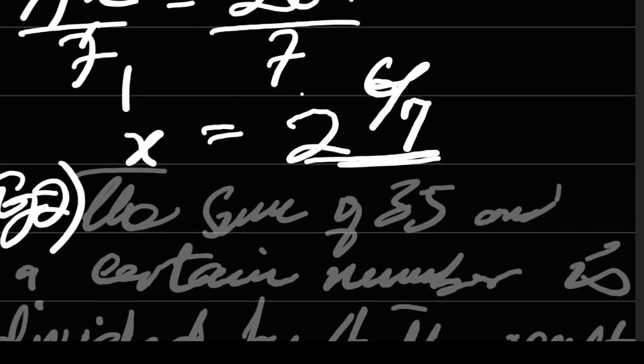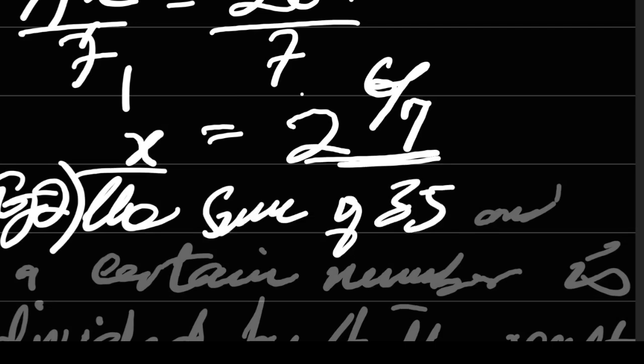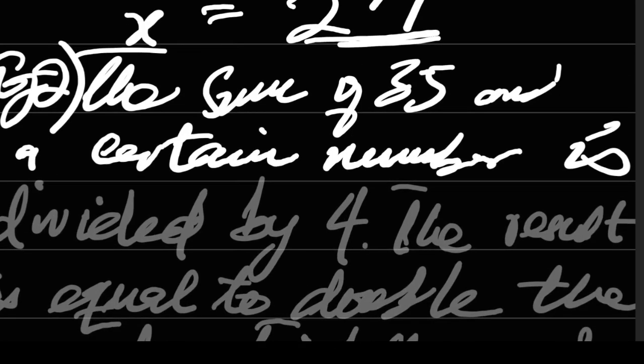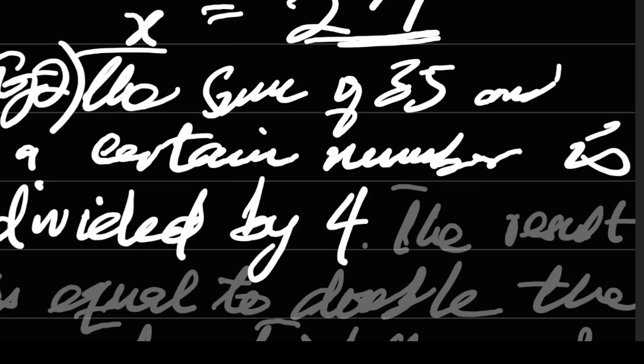Let's solve example 2. Example 2 says the sum of 35 and a certain number is divided by 4.